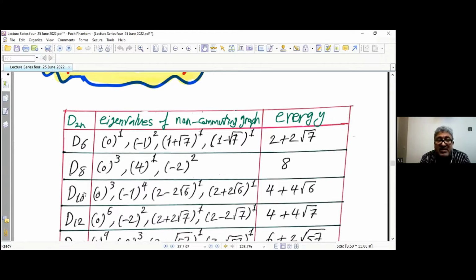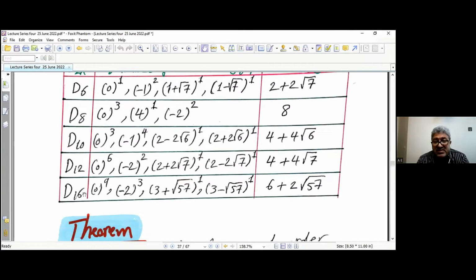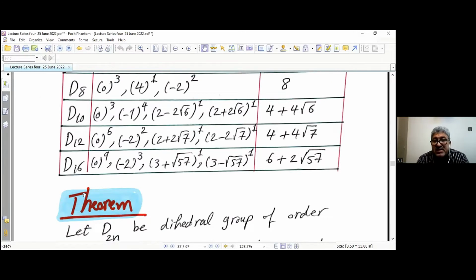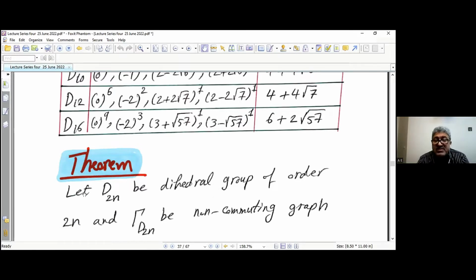And similarly, you can see for the dihedral group of order 10, of order 12, and order 16. That's the energy.